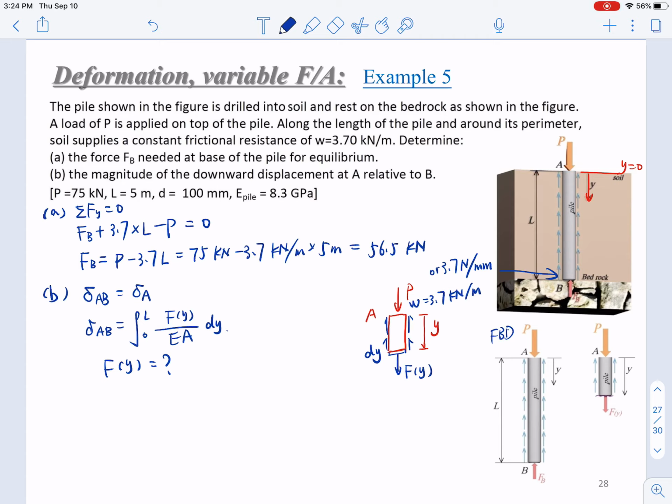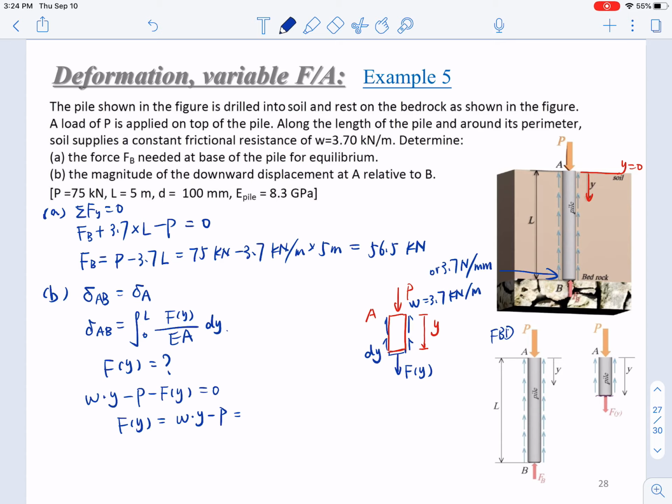And based on this, we can write an equilibrium equation. We have one upward, that is W times y, right? W times y minus P minus Fy equals 0. So Fy here equals Wy minus P. Right, let's use Newton.